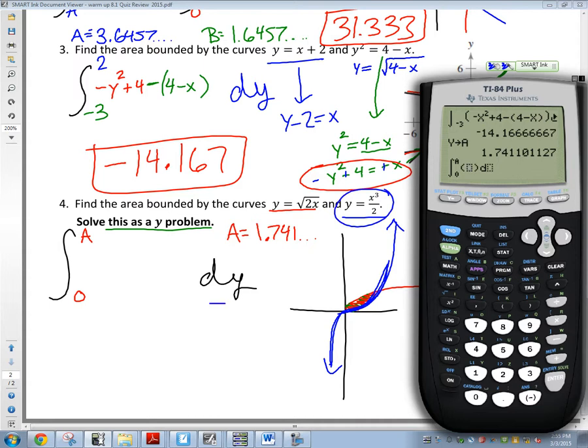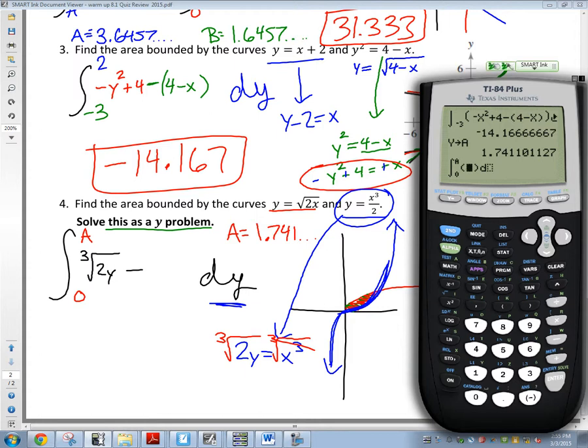Since I'm evaluating in terms of y, I need to get x by itself. So I'd have to multiply by 2, and then get rid of that cube, so I'd have to cube root both sides. So that's the first equation I'm using, the cube root of 2y.